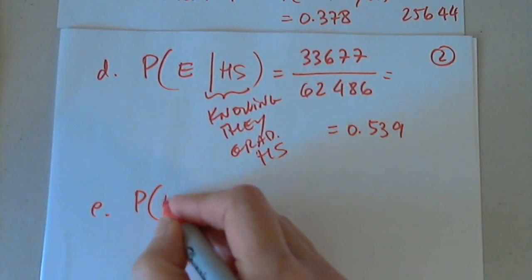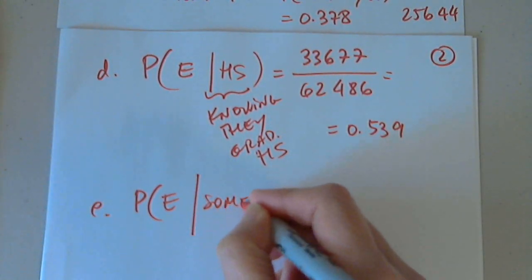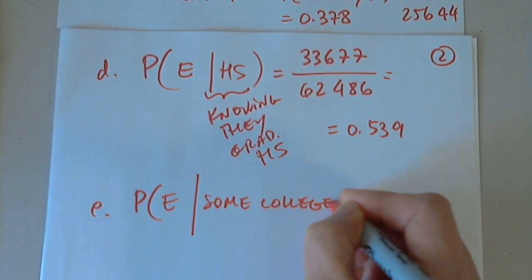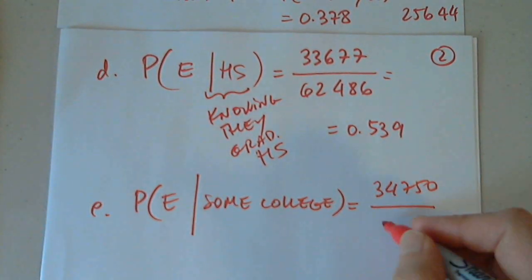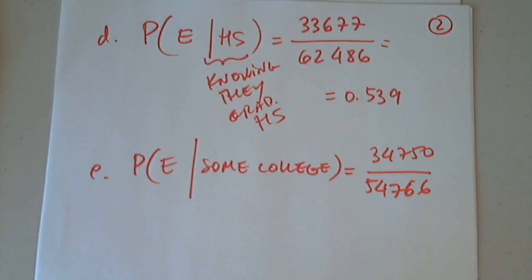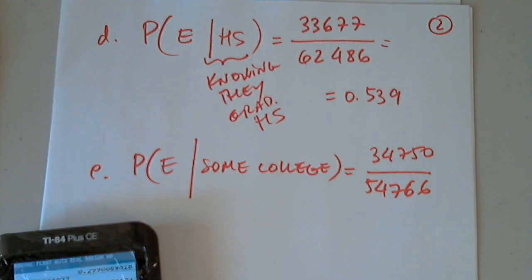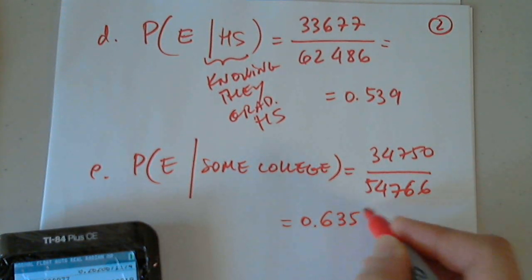So the probability that they're employed given that they have some college. 34750 divided by the total of 54,766. Any questions, anyone? 54,766. Okay, I got 0.635.